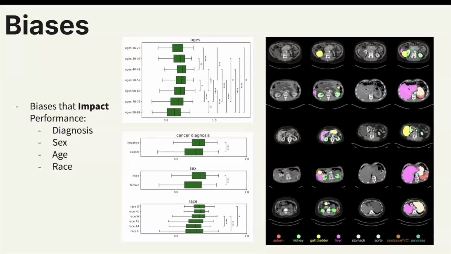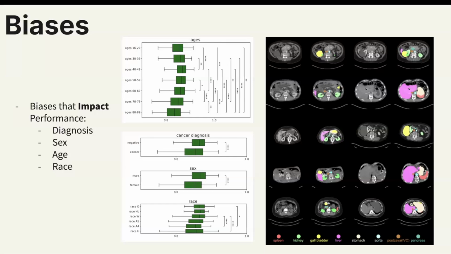But here it's expected because cancer can change the organ shapes and the form of the organ, so we expect it to reduce accuracy. And a really interesting result we see here for age. We observe that from 50 years old, we see a steady drop in average DICE for each age group after that.